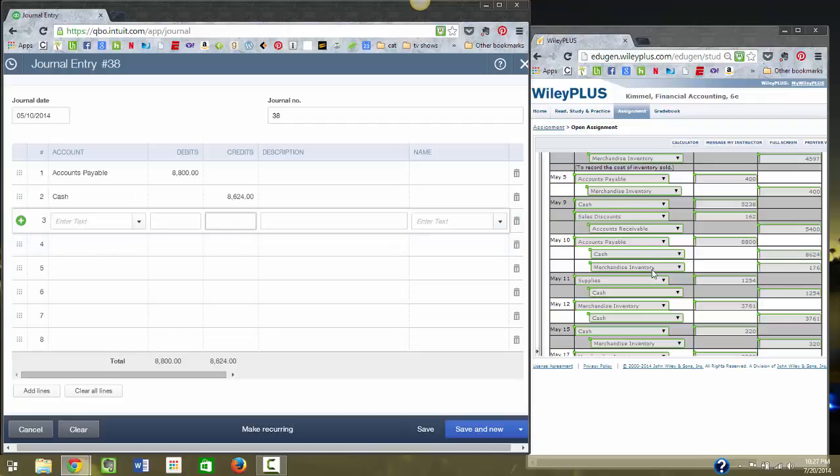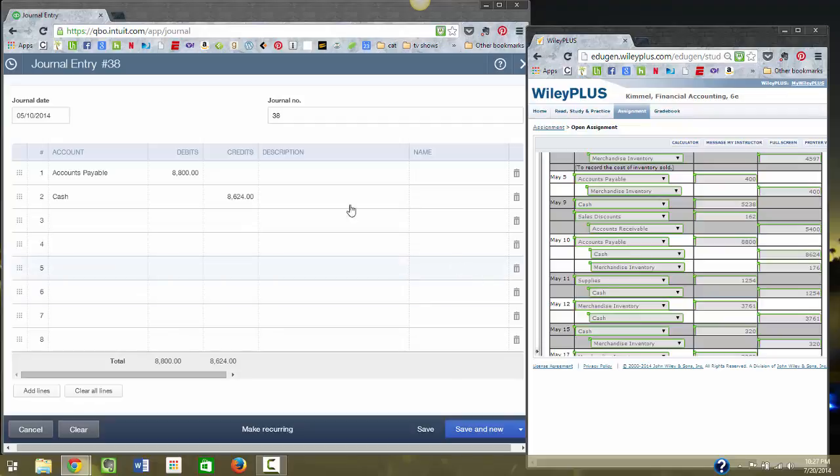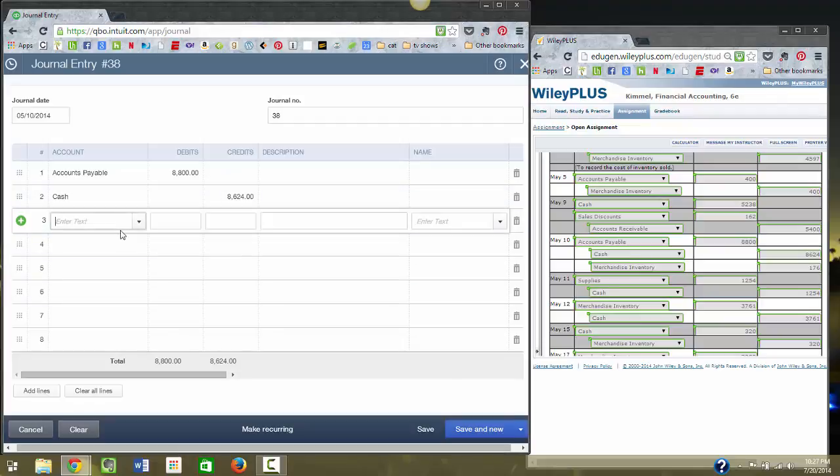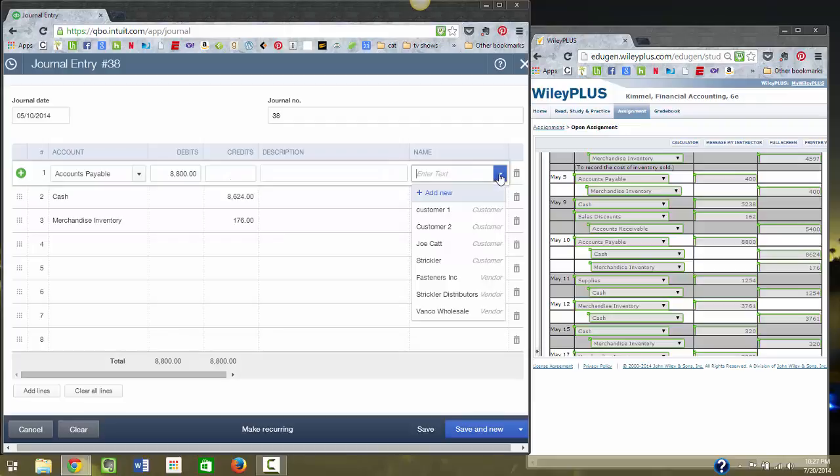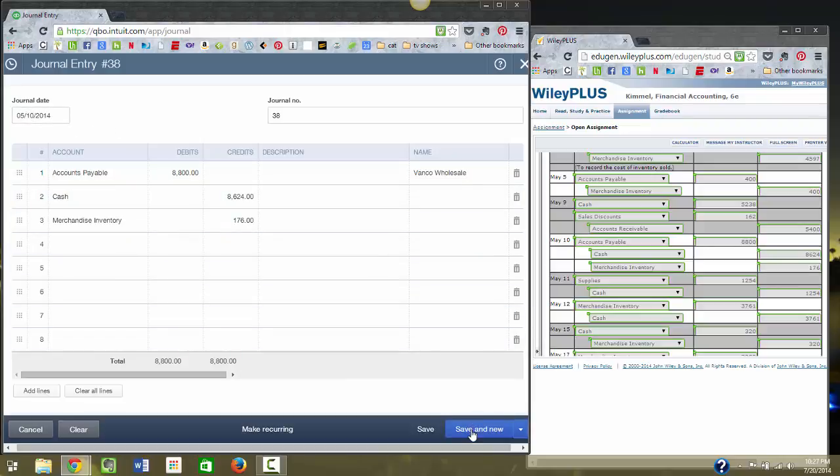And then merchandise inventory, we're going to credit for that discount amount. Okay, and accounts payable. This is Vanco, so we are set here. Dates match up. All our info is here.